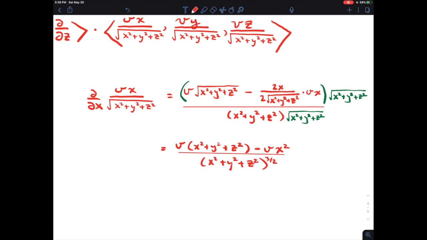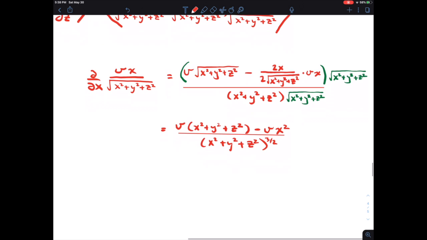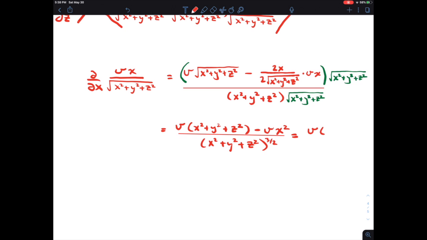And of course there's one more step. We could just call this v times x, y squared plus z squared over that denominator.